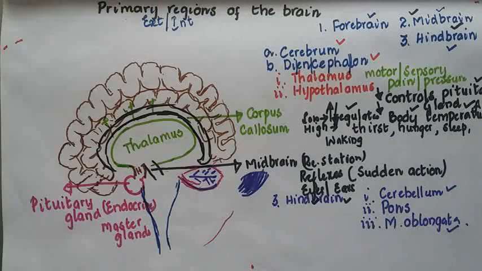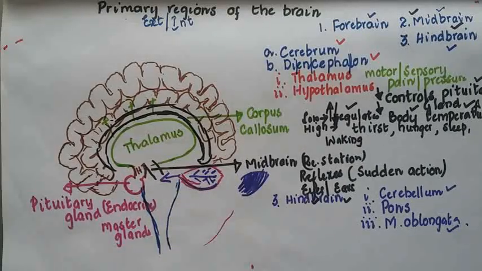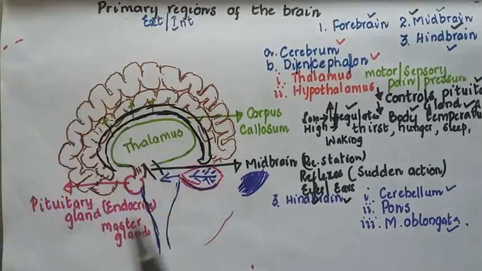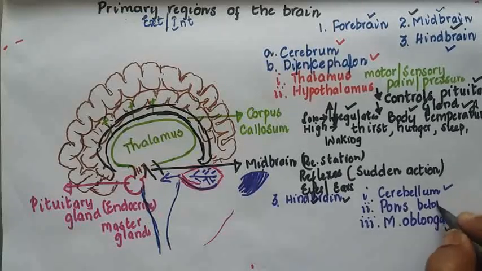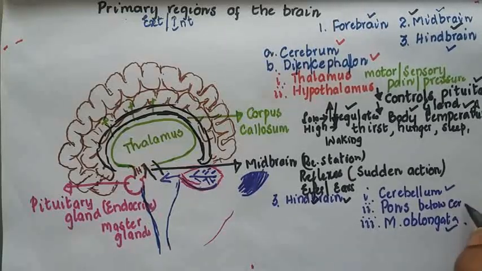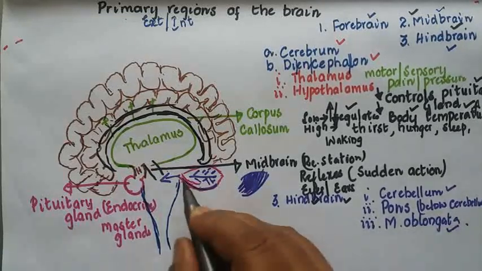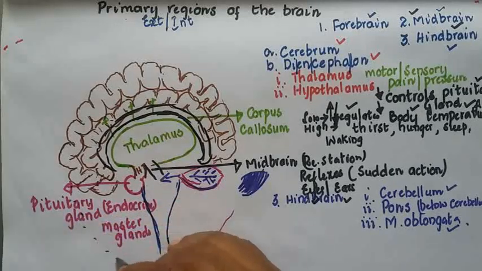Now, what about pons? So we find this pons in front of the cerebellum, or if you view from this direction, you can say that it is found below. The pons is below the cerebellum. So what is the location of the pons? The pons is below the cerebellum, or you can say that it is in the center of the brain.